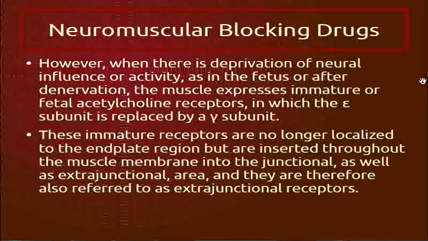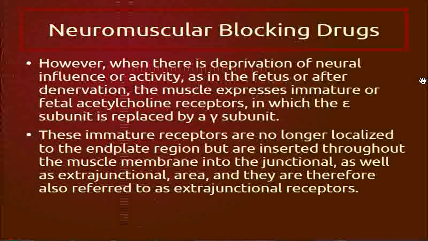Because think about what these acetylcholine receptors do. These nicotinic acetylcholine receptors are ionic. Sodium goes in, but what comes out? Potassium. So if you've got a bunch of extrajunctional receptors that upregulate because of burn or crush injury or a denervation injury, you get these things that are immature that start to develop, and they're outside of the junction. Hence, they're immature extrajunctional receptors.